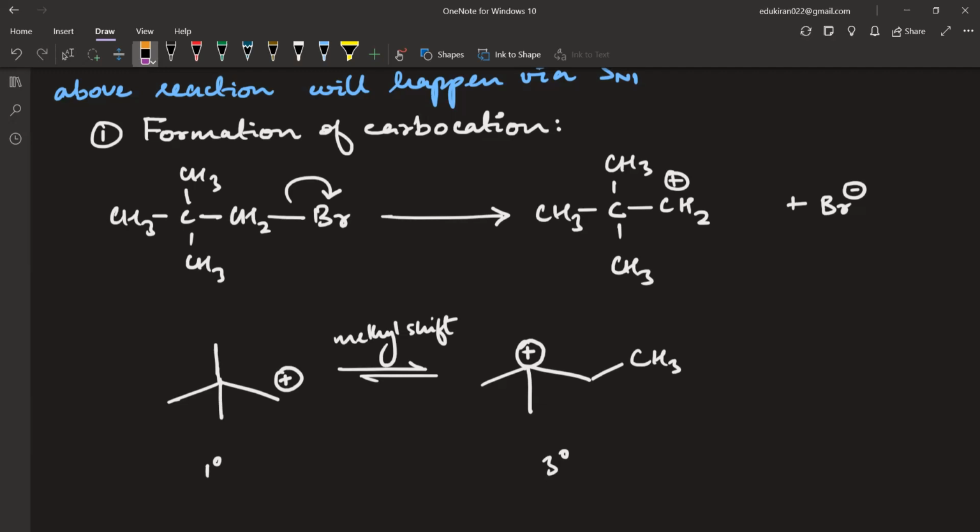Now, what can happen? Generally, whenever you get a carbocation, this type of methyl shift happens, but those methyl shifts are reversible in nature, and they mainly happen and stay in the reactant sites only. But since it is 1 degree to 3 degree, the 3 degree is more stable. So interconversion will always keep happening, 1 degree to 3 degree and 3 degree to 1 degree.